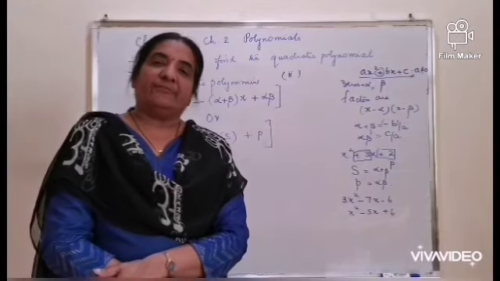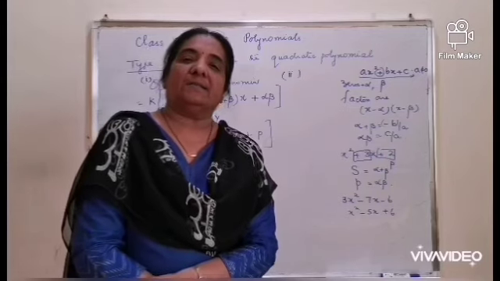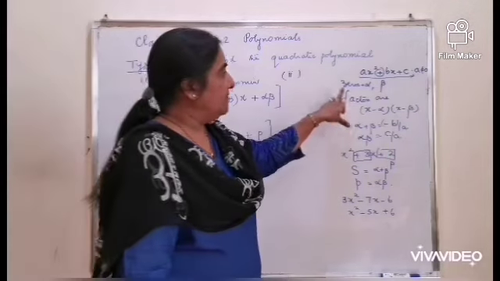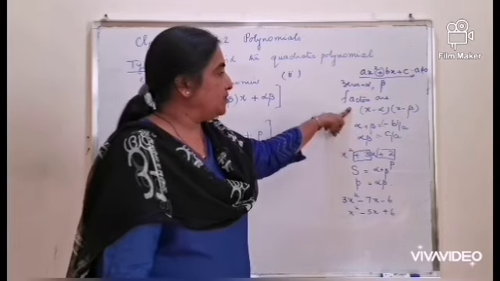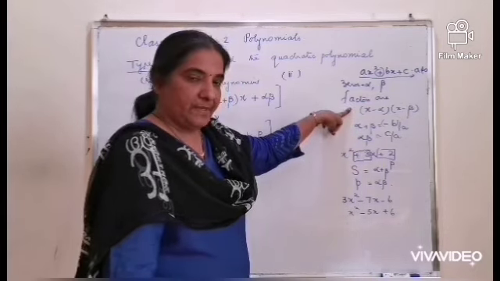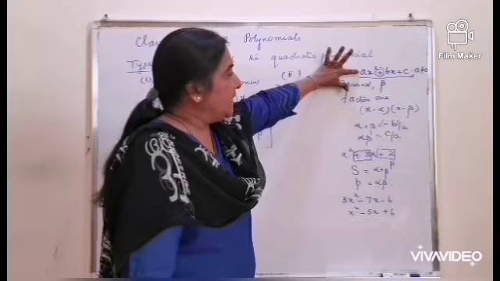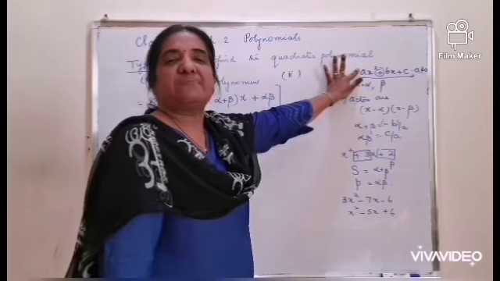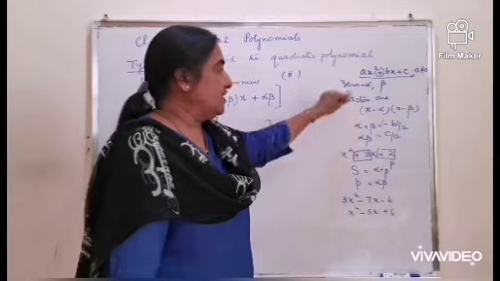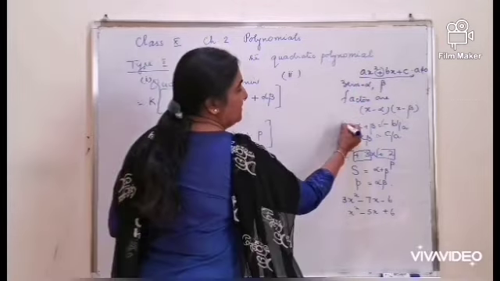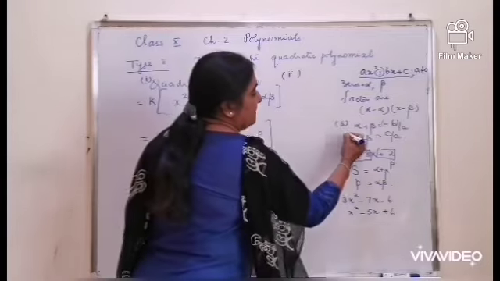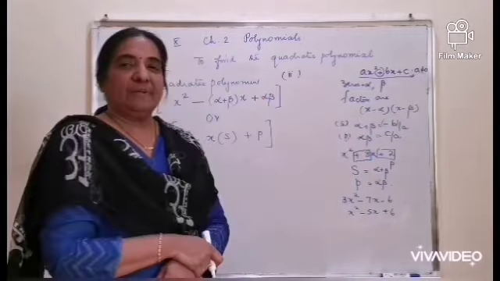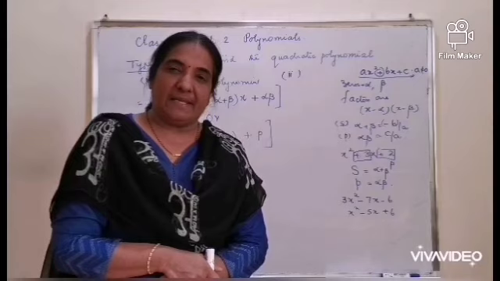Thus, if alpha and beta are the zeros of a polynomial, the factors are x minus alpha into x minus beta, and from the polynomial ax square plus bx plus c, the relation is sum of zeros alpha plus beta is minus b by a, and the product of zeros alpha beta is equal to c by a.